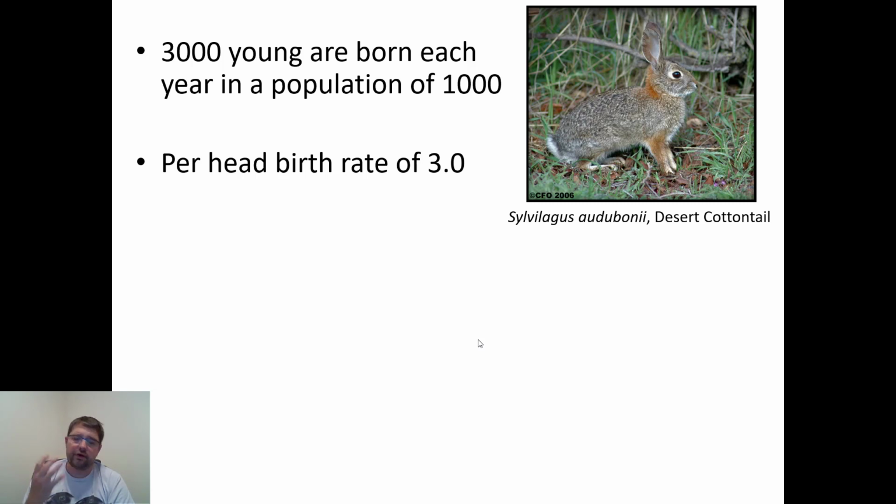Now, clearly, we realize that what we've just done is we've taken a population of 1,000, which might be split 50-50 males, females. Okay? So let's say it is 50-50 males, females. So now you have 500 males, 500 females. You know that the males don't have any birth rate. Okay?